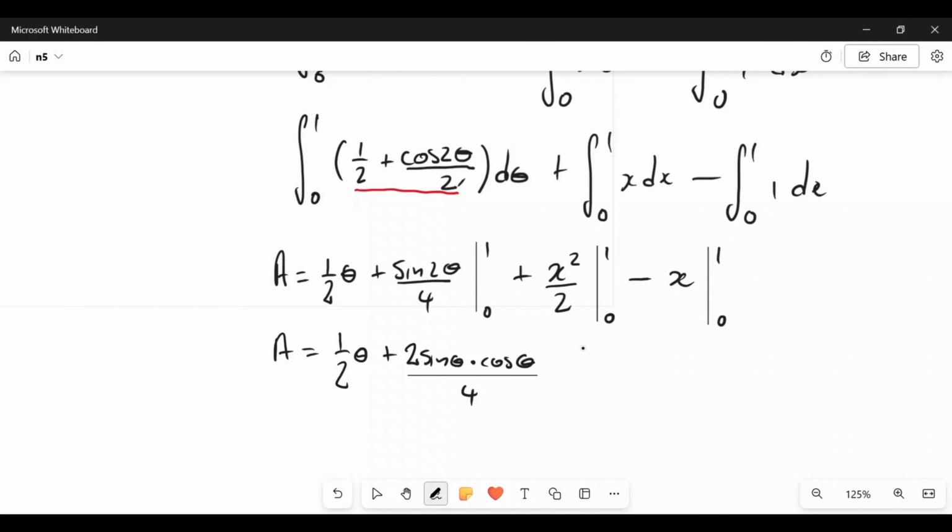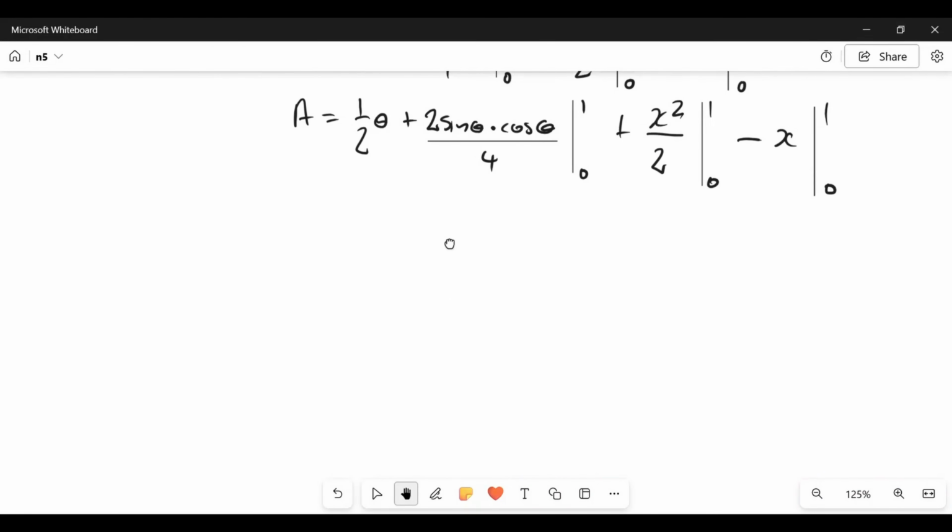There we go. And then we know that we have the upper limit, which is 1 and 0. And this one, again, we're just going to drop it for now. We don't do anything at the moment. And then we know that the upper limit is 1, the lower limit is 0, minus x, which also has the same limit, 1 and 0. Right, so let's create space here.